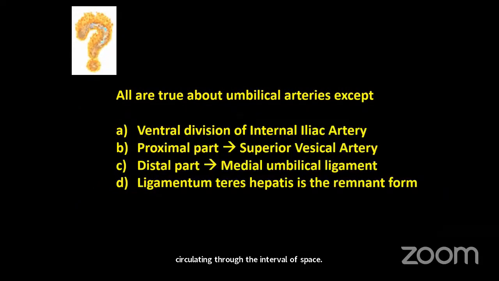All are true about umbilical arteries, except: ventral division of internal iliac, proximal part superior vesical artery, distal part medial umbilical ligament, ligamentum teres hepatis is the remnant. Very good. So it is not umbilical artery, the remnant which you called ligamentum teres.